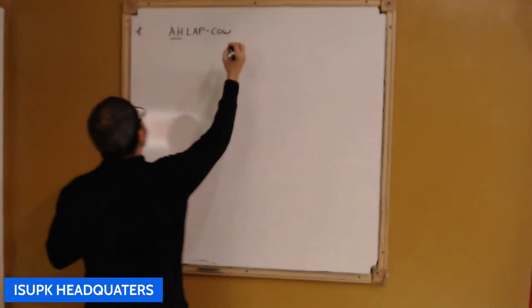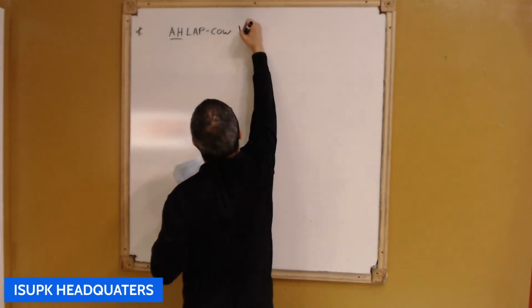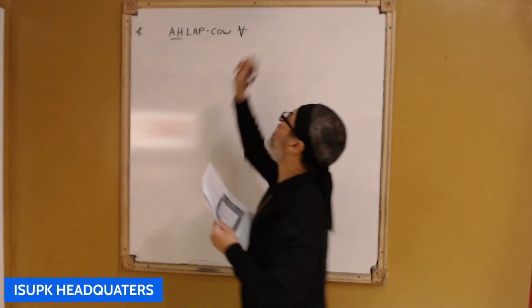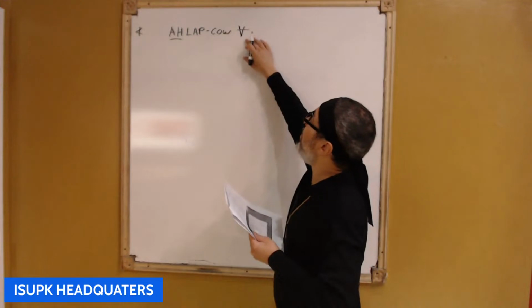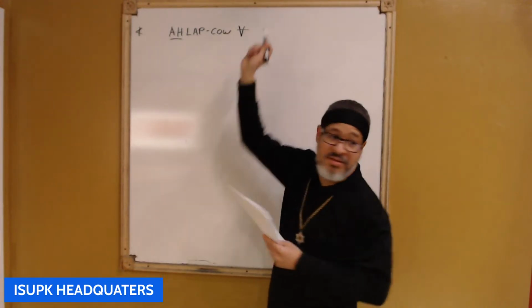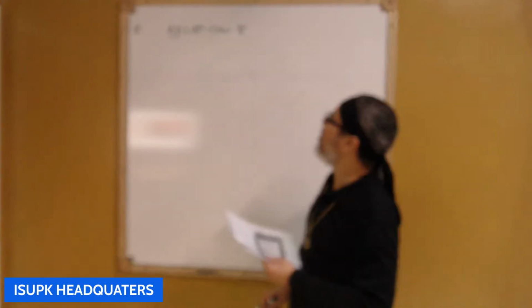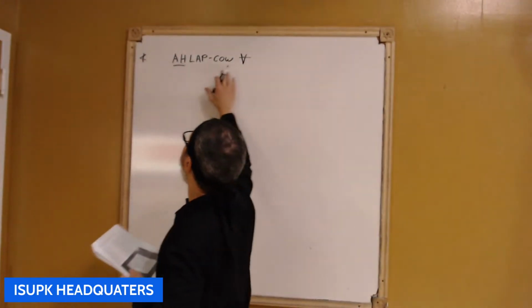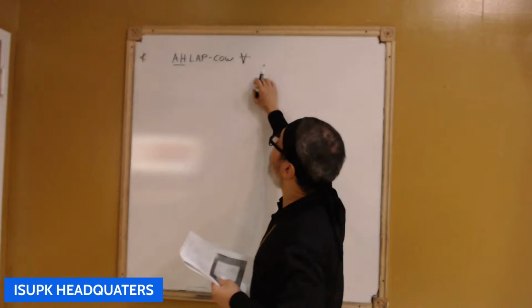So the first character looks like a cow. If you turn it, maybe you want to see it from this angle, it looks more like a cow that way. You get the horns and the head. It's just turned to the side, but that's actually a symbol for a cow.